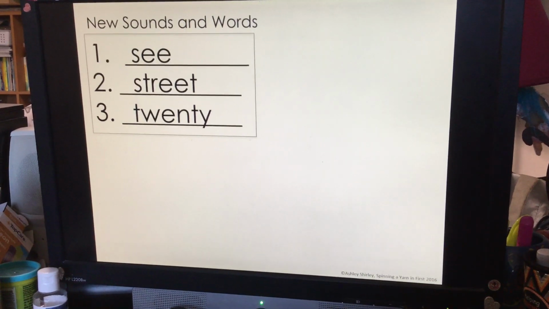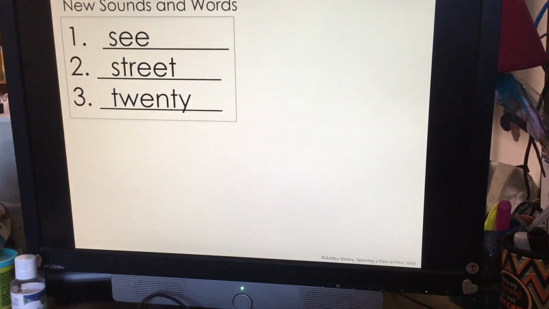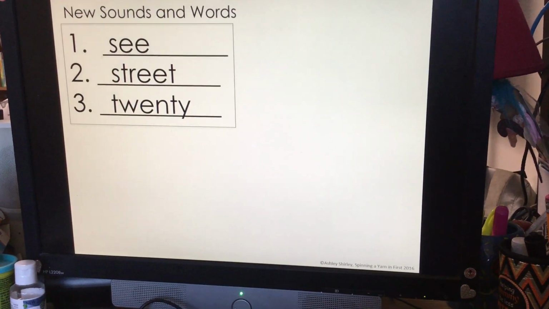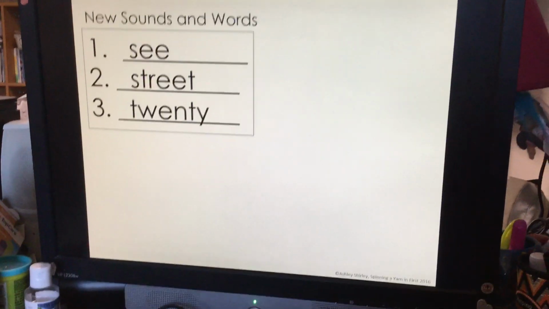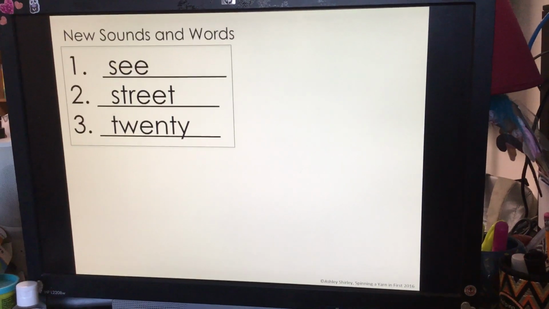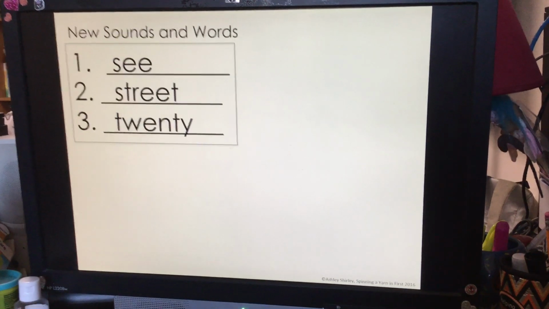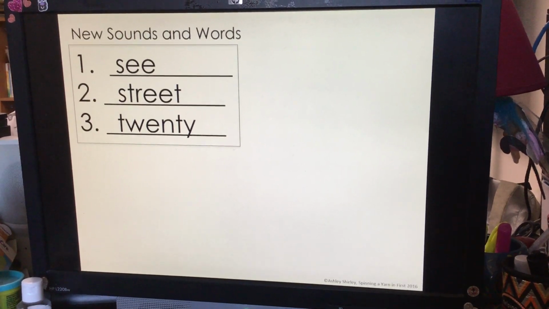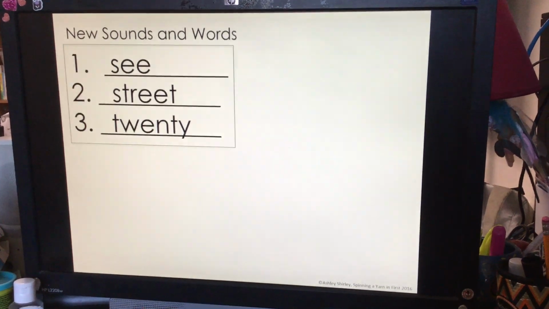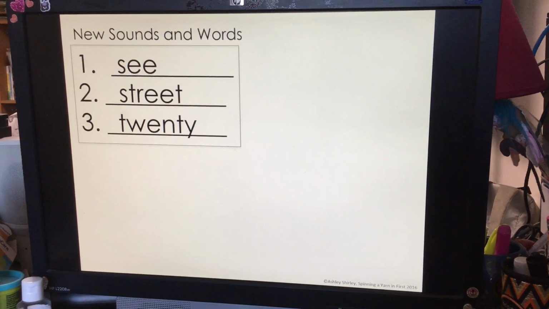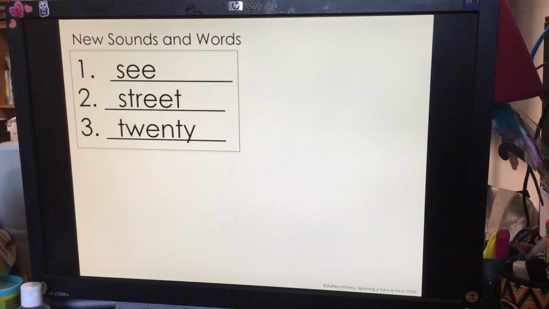And twenty. There's that E in the middle again. Twenty. But wait a minute. Think about it just a minute. Do we pronounce it twenty or twenty? That's a little trick. So the E in the middle does not make the E sound. It makes the short E sound.